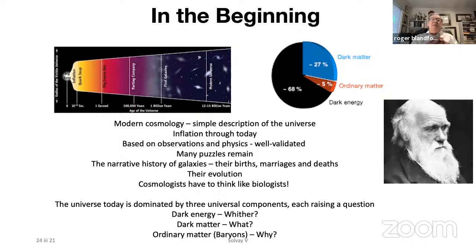In particular, cosmologists and astronomers talk about their evolution. It's the word they actually use, the same as Darwin. Looking sociologically at cosmology nowadays, as well as all of this high energy physics and wonderful stuff like that, cosmologists are having to start to think a lot like biologists as they consider the narrative history of the galaxies. So that's an interesting scientific development.